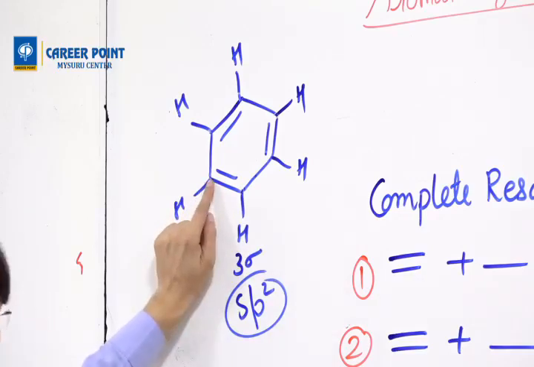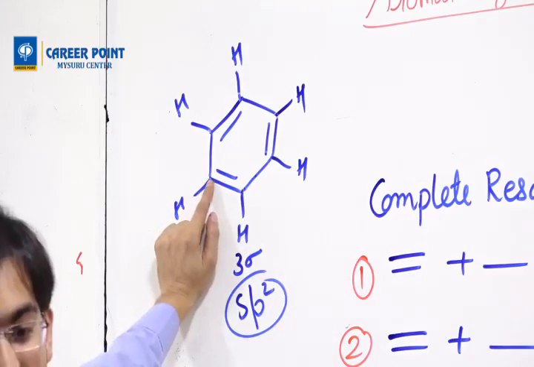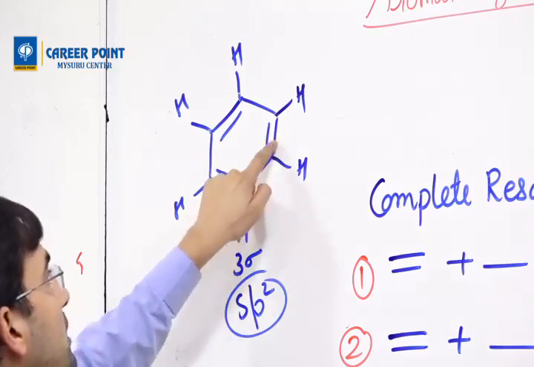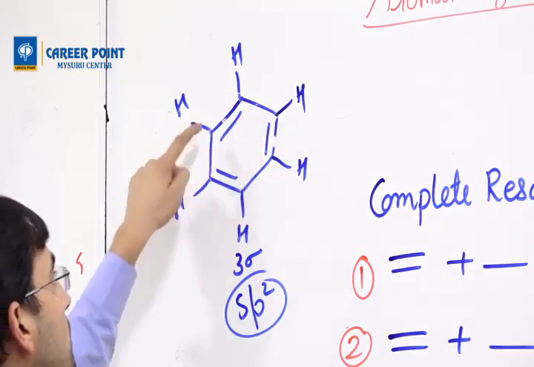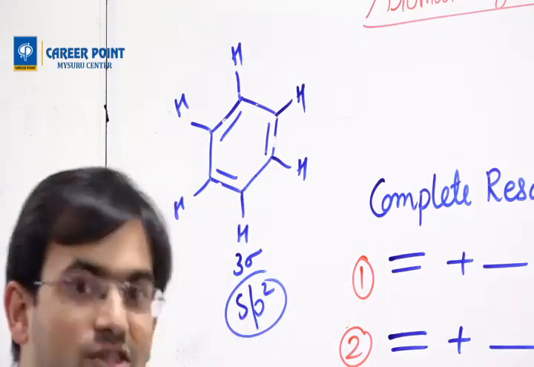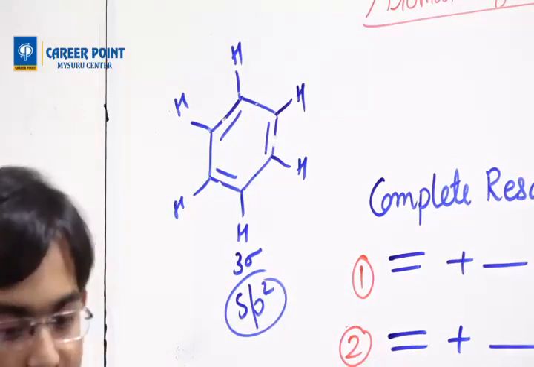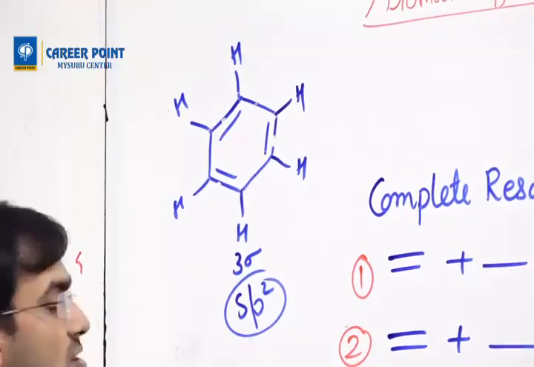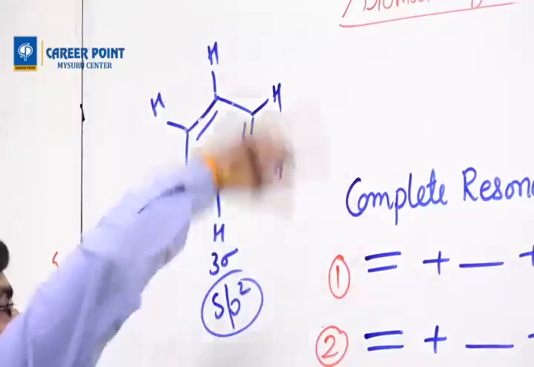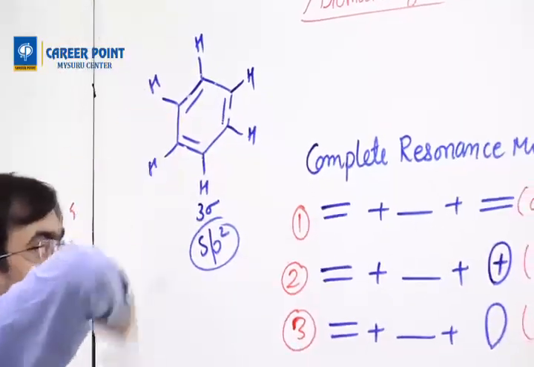So I have come to my original place. This is called complete delocalization, because I am able to move completely around the ring.